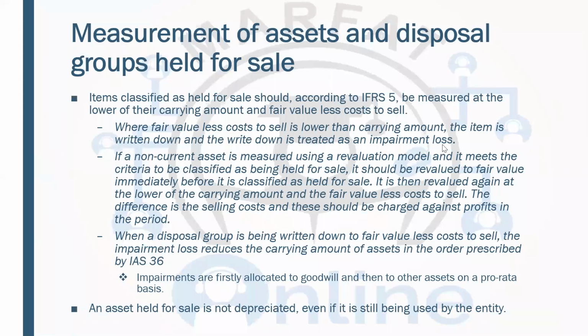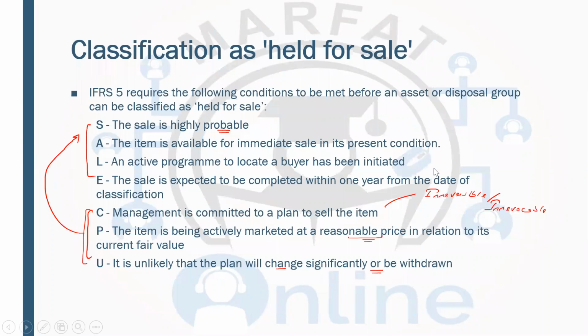All right, now we have the measurement of the asset and the disposal group held for sale. Let me just write the double entry first. If the criteria is met, which we have discussed in the previous slide, then you will be removing this asset from non-current assets. This is the first thing.